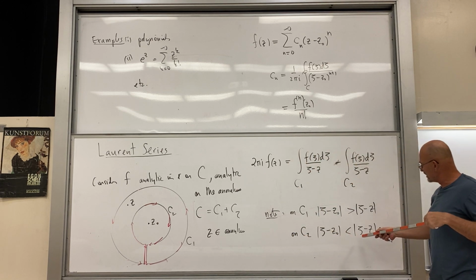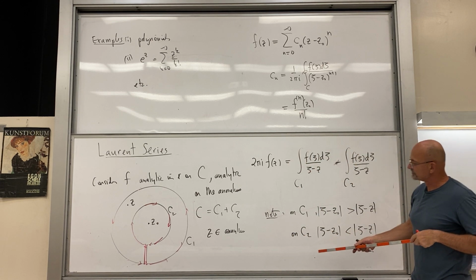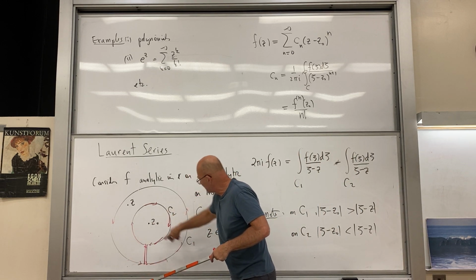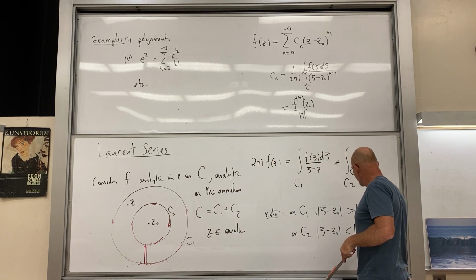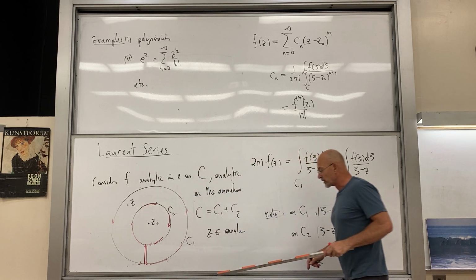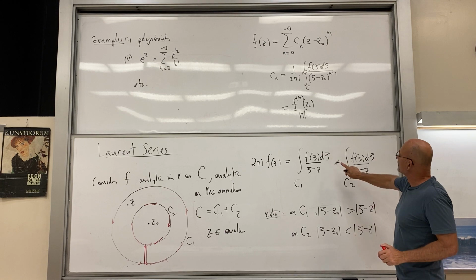And vice versa for C sub 2. Zeta minus z sub 0, that's this inner radius, is less than zeta minus z, which is you're somewhere outside the inner radius. So we're going to use these for our construction.